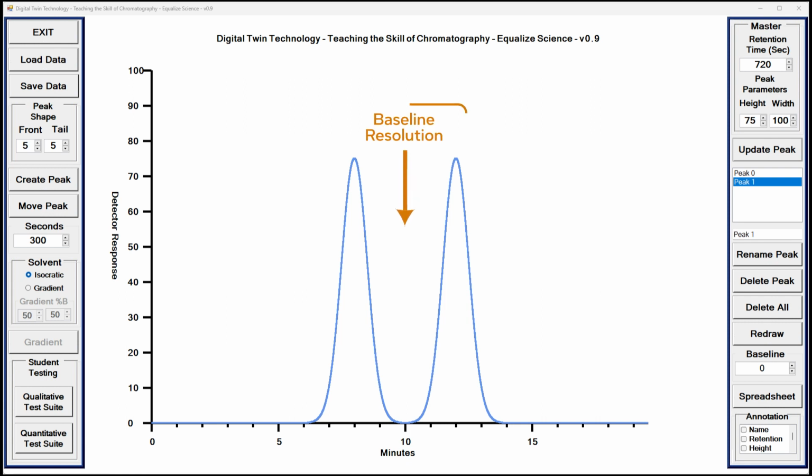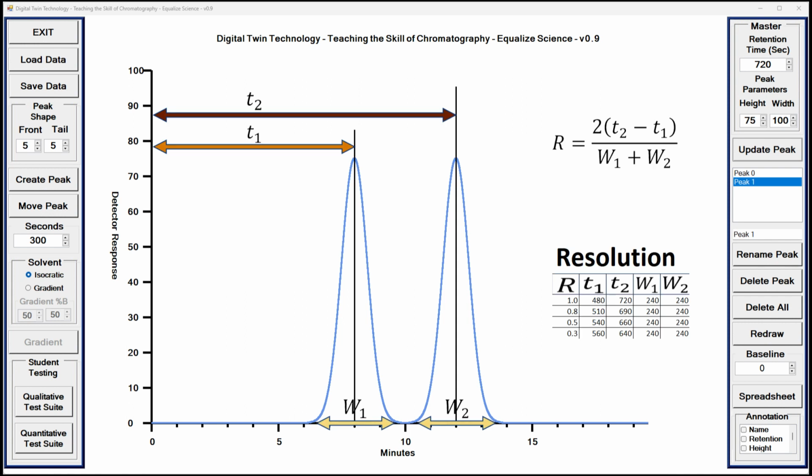Baseline separation is always best. Baseline separation is defined as the condition where the detector line returns to the baseline between the 2 peaks. By the resolution equation, baseline resolution is typically considered achieved when R is equal to 1.0.